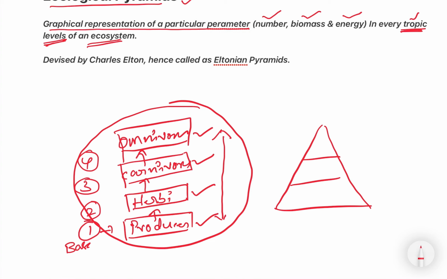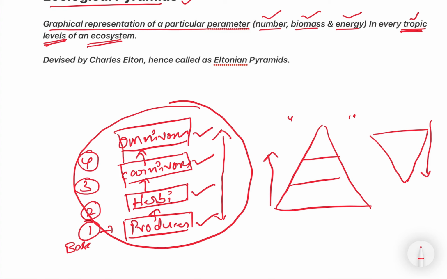Based on the parameters number, biomass and energy, in different ecosystems ecological pyramids may be upright in shape, and sometimes in some ecosystems they may be inverted in shape.